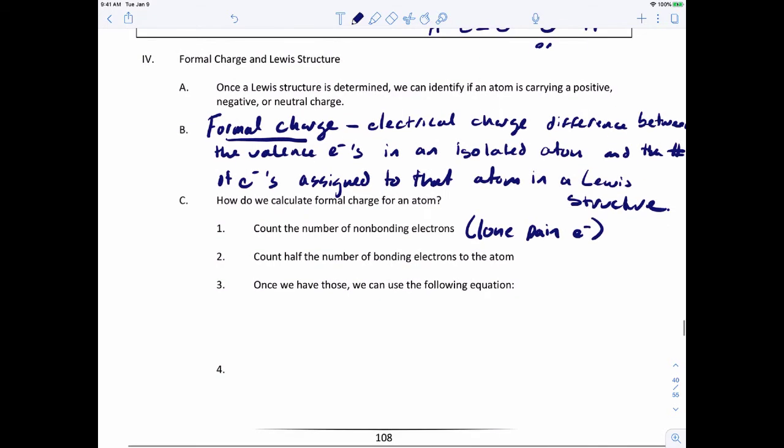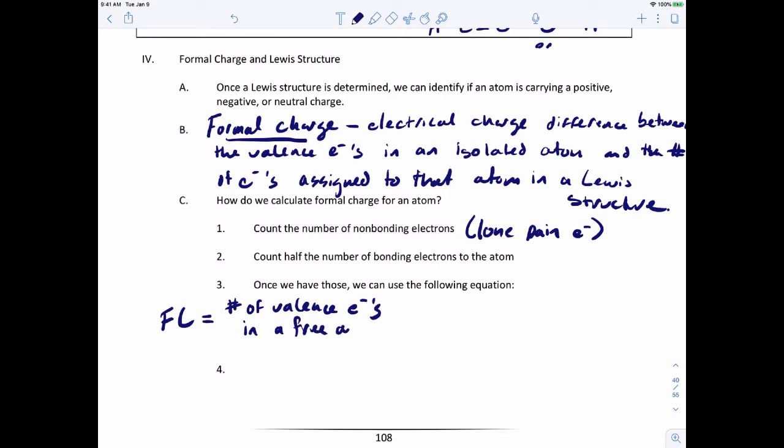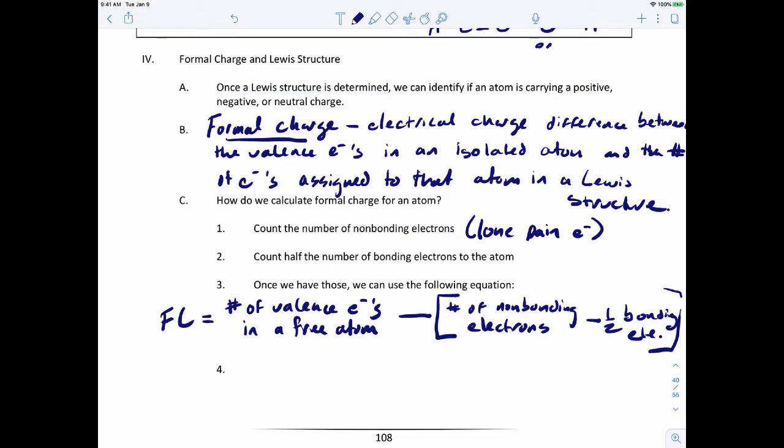Once we have that, we can use this equation where formal charge is equal to the number of valence electrons in a free atom minus, and I'm going to put this in brackets, the number of non-bonding electrons, so your lone pairs, minus half of the bonding electrons.